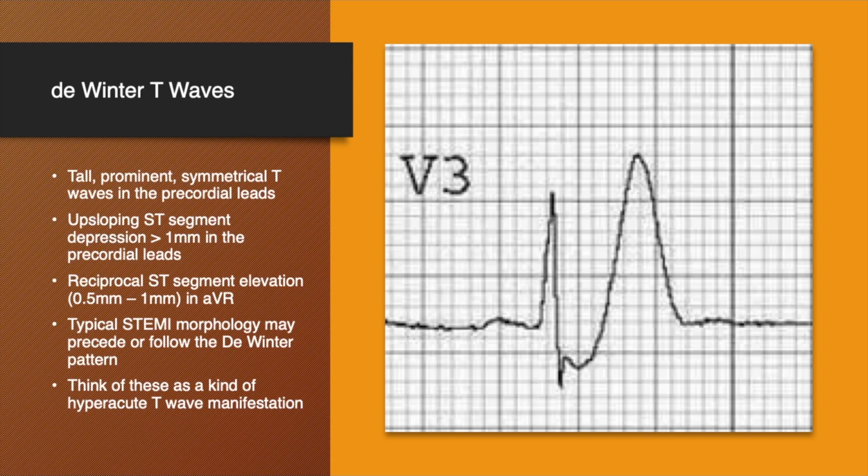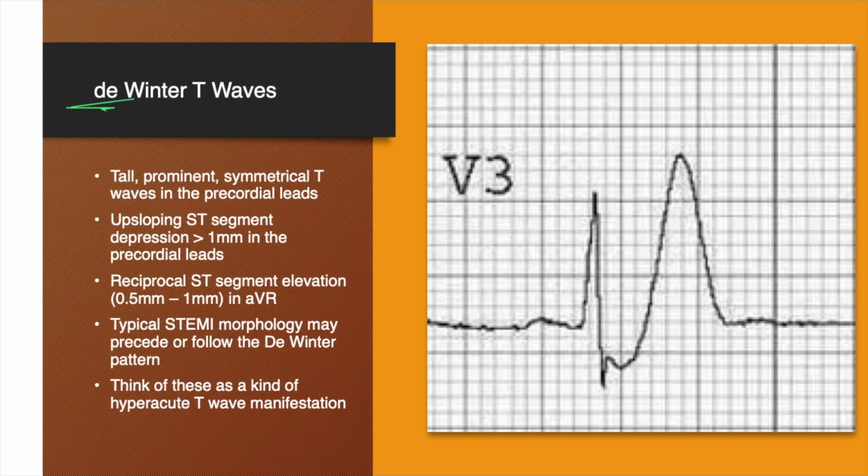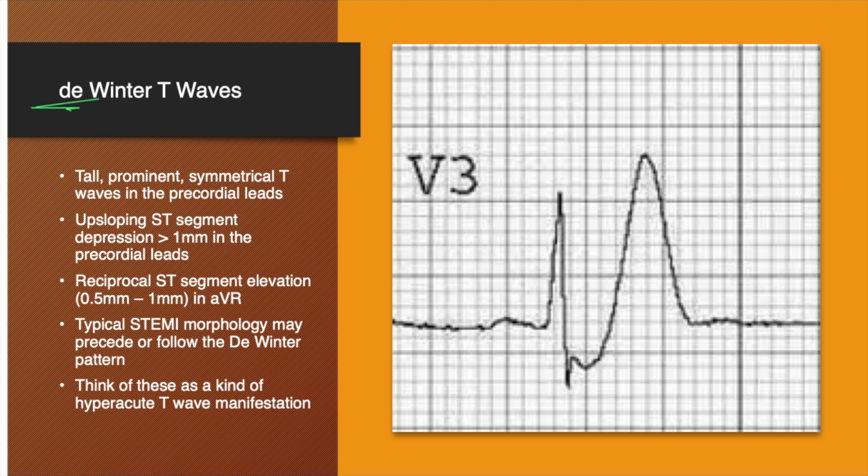All right, moving on. The next thing I want to talk about is something called a De Winter T wave. I want you to think of a De Winter T wave as a kind of hyperacute T wave.